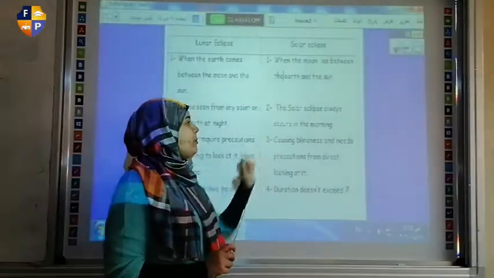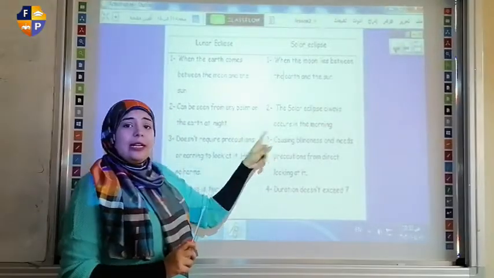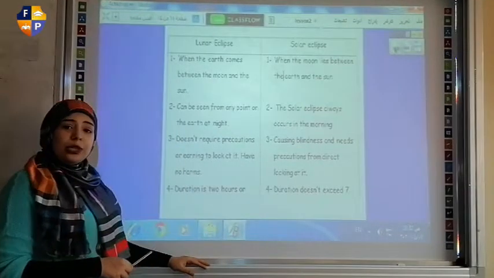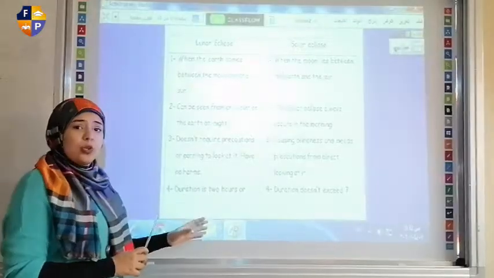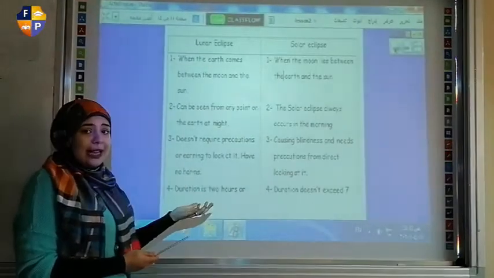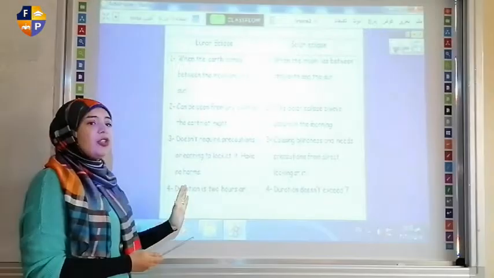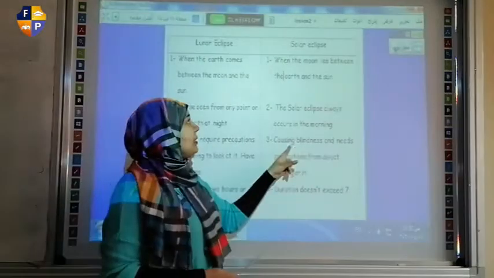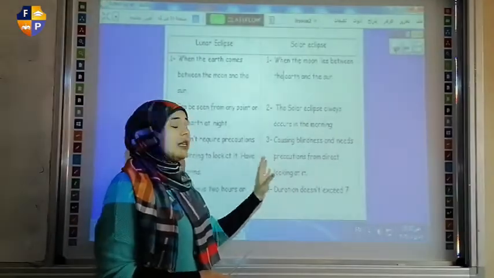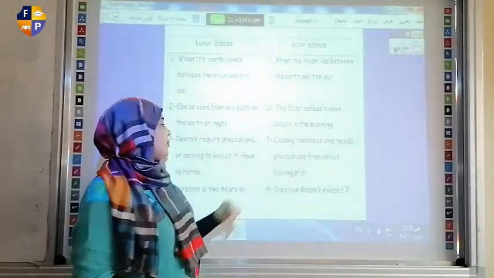In solar eclipse, we see the eclipse only in the morning. In lunar eclipse, it doesn't need precautions. We can see it without wearing special glasses because it doesn't emit harmful radiation. But in solar eclipse, we must wear special glasses because it emits harmful radiation.